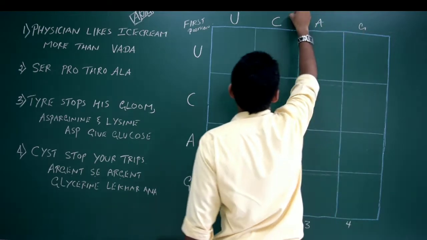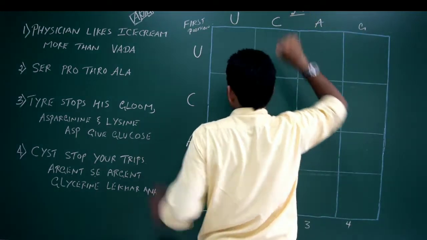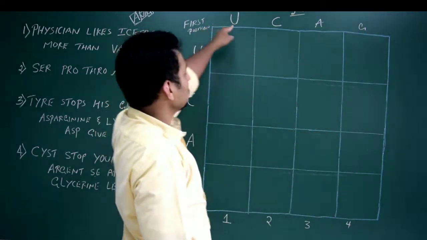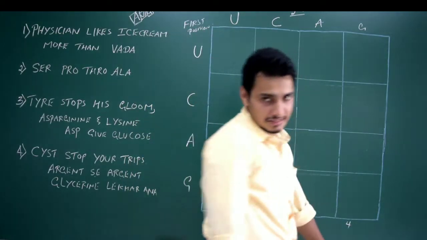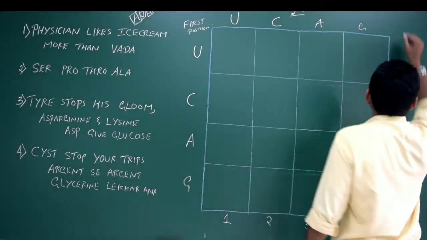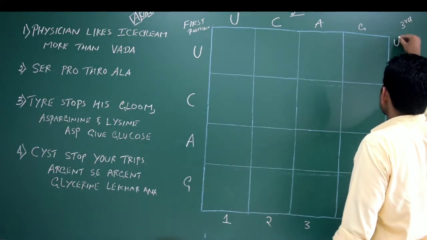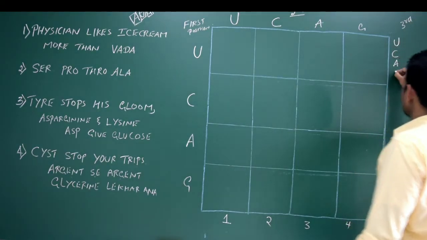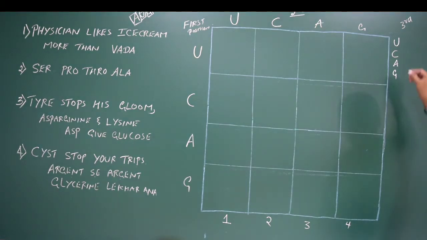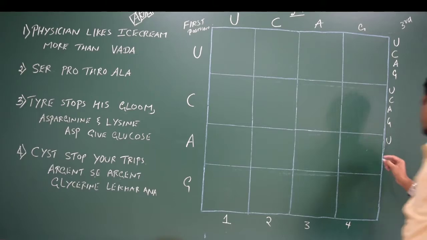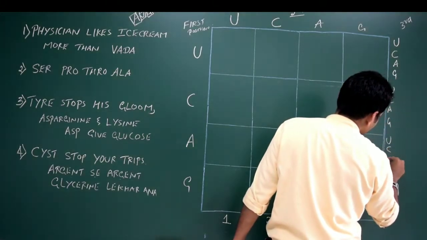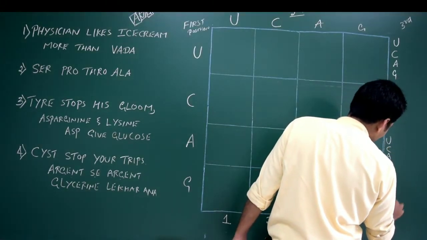This is the second position, the middle one, the middle base. Here is the third position, where I write all 4 bases. UCAG, I need to write it 4 times, UCAG and UCAG.